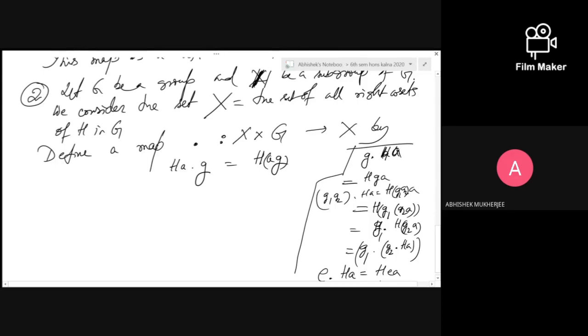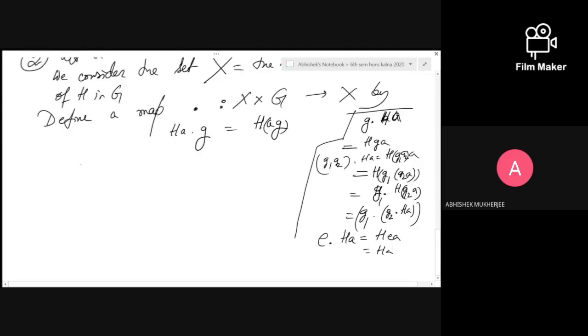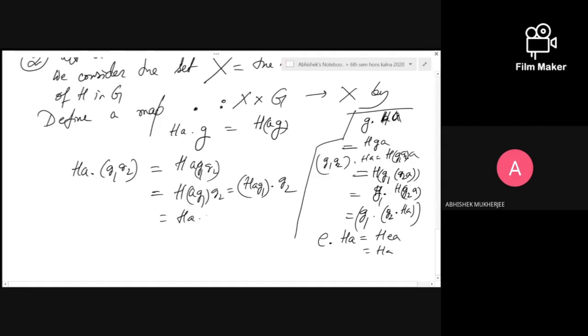And now what we have considered, Ha g1 g2, then if we apply the associativity, it is Ha g1 dot g2, and it is Ha dot g1 dot g2.